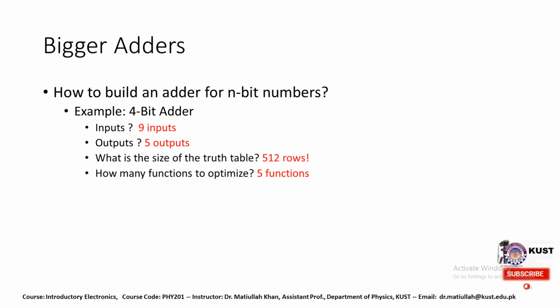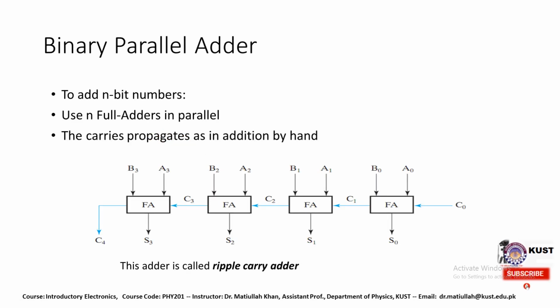We have bigger adders, and steps for how to build an adder for n bit numbers. That is a bit more complicated, and comes in the more complicated situation where we have binary parallel adders which can add n bit numbers, and that normally use n full adders in parallel.